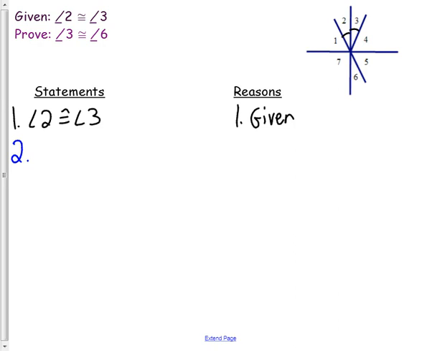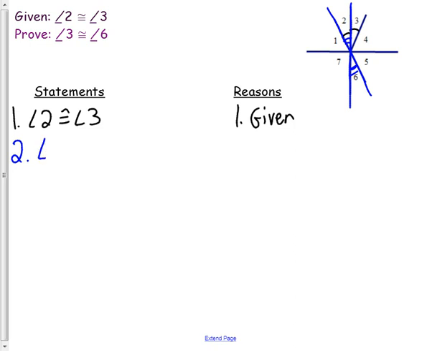The one we most commonly use when we have multiple sets of things going on here are vertical angles. Do we have any vertical angles? Any pairs of angles whose sides may connect? I look here, and if I draw the sides of 2 and 6, they in fact make an X. So 2 and 6, we'll draw a double line there, are what we call vertical angles, and they're congruent.